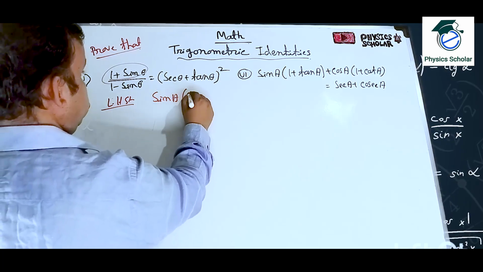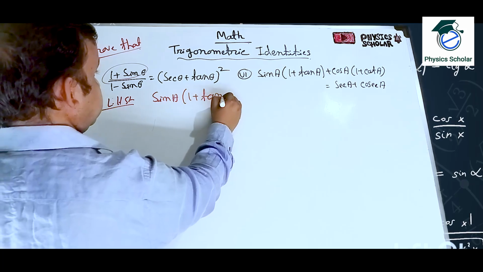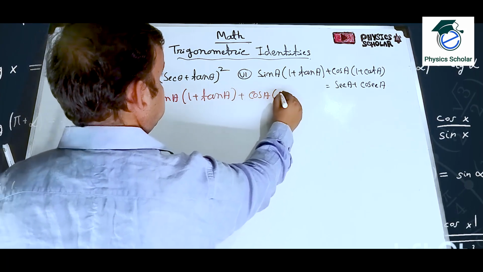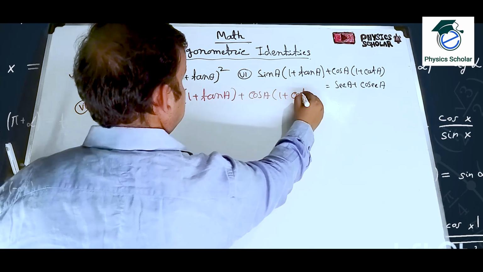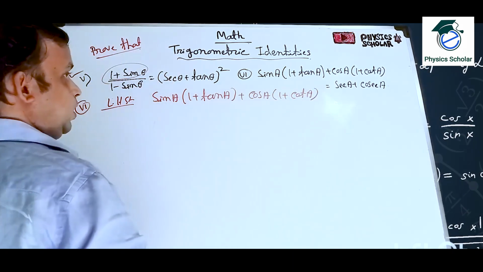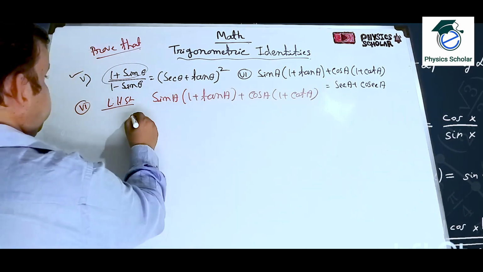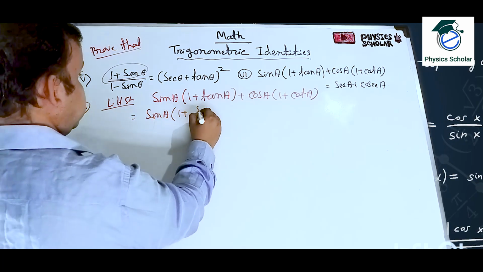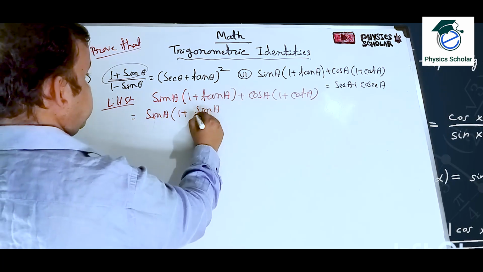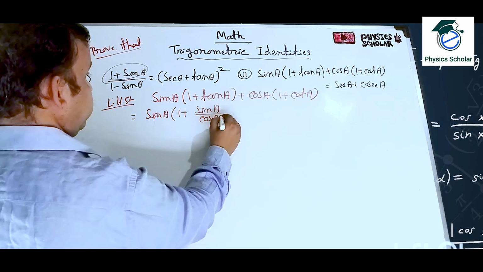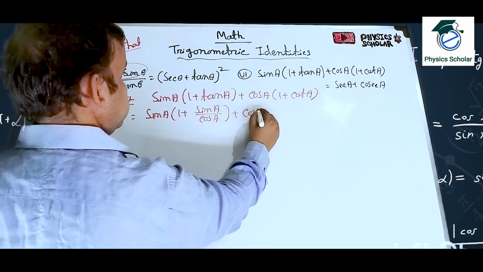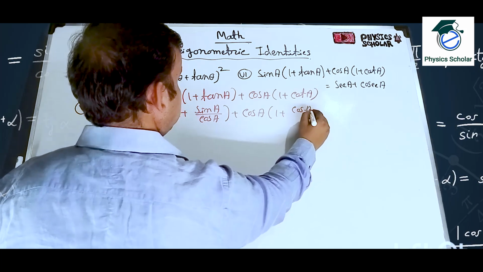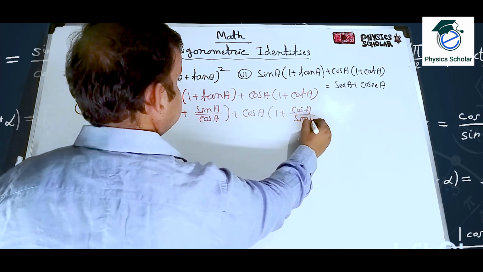Sin A into (1 plus tan A) plus cos A into (1 plus cot A) equals sec A plus cosec A. That we have to prove. So sin A into (1 plus sin A by cos A) plus cos A into (1 plus cot A, which means cos A by sin A).